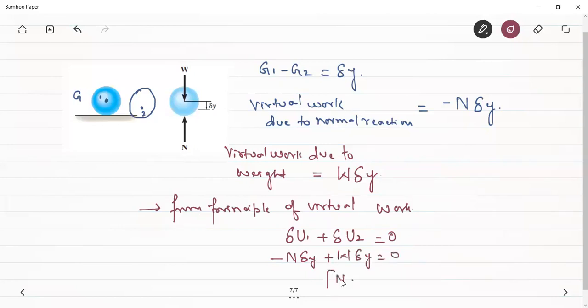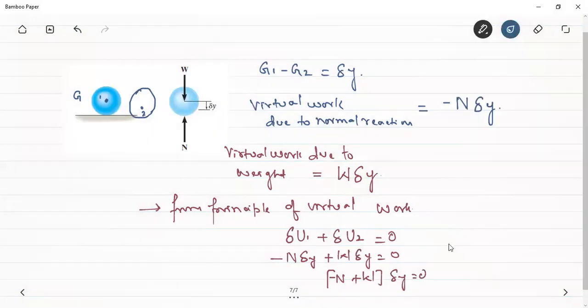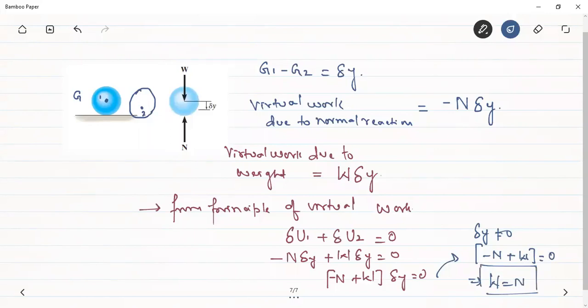From here we get minus N plus W, into delta y, equal to 0. Now we have assumed some value of the virtual displacement, so we can't take it to be 0. So delta y can't be 0, therefore minus N plus W has to be 0, which means the weight will be equal to the normal reaction.